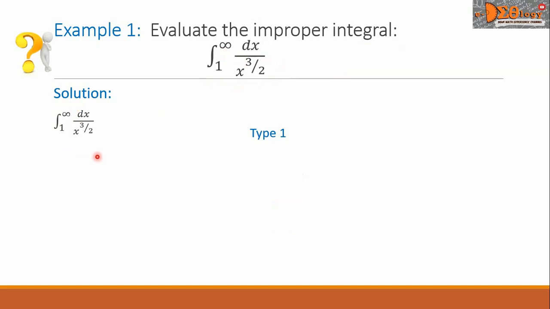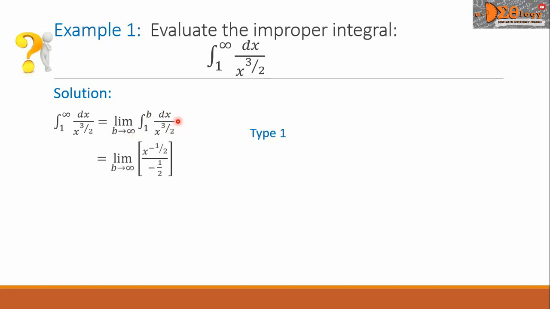By this principle, the formula will be the limit of the integral from 1 to b dx over x raised to 3 over 2 as b approaches infinity.